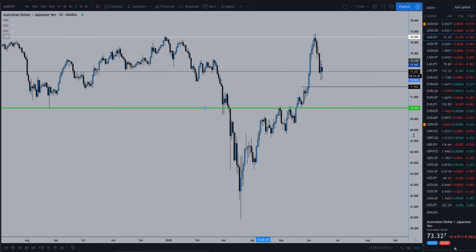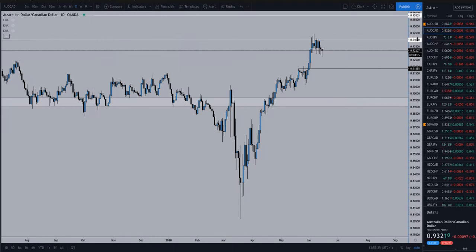It's going to be different for each pair, but in general we're looking at 5 zeros and 0 zeros. So for these, it's the first two after the decimal. For a pair like AUDCAD, it's going to be like .8500, .8800, .9000, .9500. So levels like that, okay?